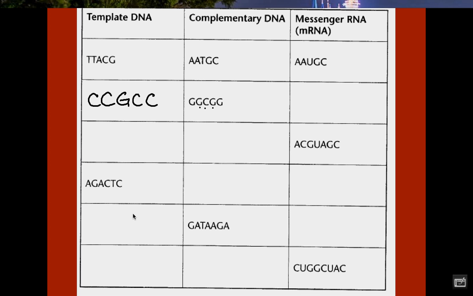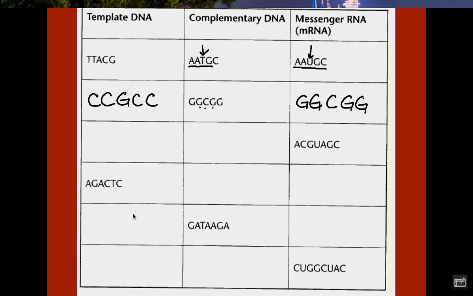In this case, the messenger RNA is going to look very similar to the complementary DNA because C pairs with G, second C pairs with G, G pairs with C, C pairs with G, and C pairs with G. So in this case, they look the same, but if you look up at the top here, they're a little bit different, and that's because we've taken the T and replaced it with the U.